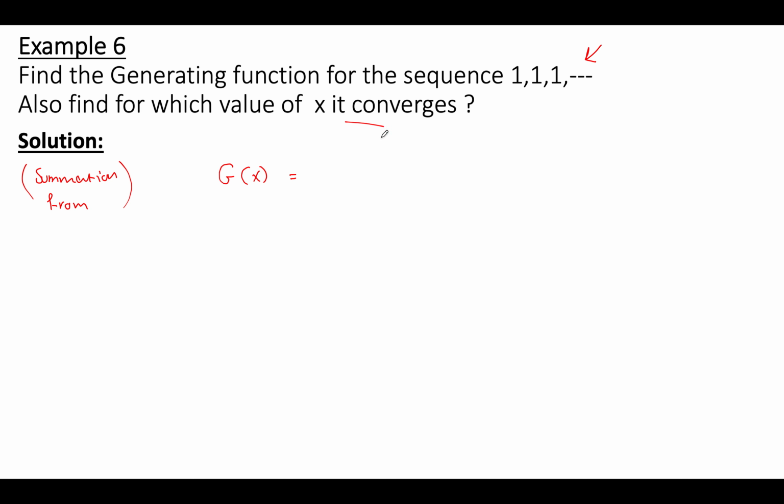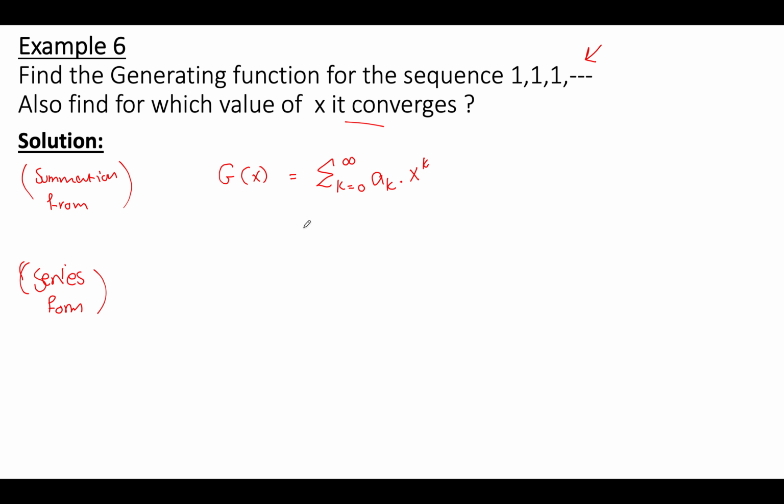So the summation form of the sequence is equal to sigma starting from 0 until infinity of a_k times x to the power k. This gives me the series form, as what we can see here.